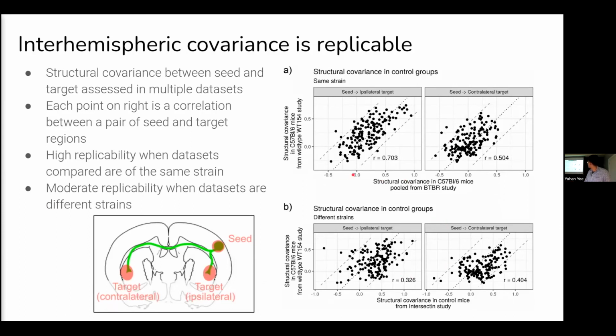So essentially, I'm plotting structural covariance in control mice from the BTBR studies on one axis, where each point is a correlation, against the structural covariance value obtained from a much larger data set. We're doing this over the different experiments that we identified. And here again, what you see is that structural covariance is replicable.